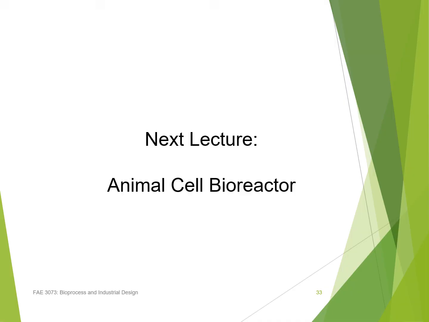So basically for today's lecture, you need to understand what immobilization is. Okay. And then you need to understand the different kinds of immobilization methods, and also you need to know some examples of each immobilization method. Then the things you need to consider when you want to design your immobilized bed bioreactor: you have stirred tank, you have fluidized bed, and also you have another one, packed or fixed bed.